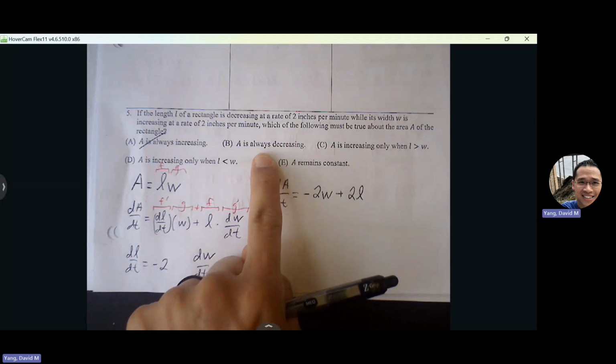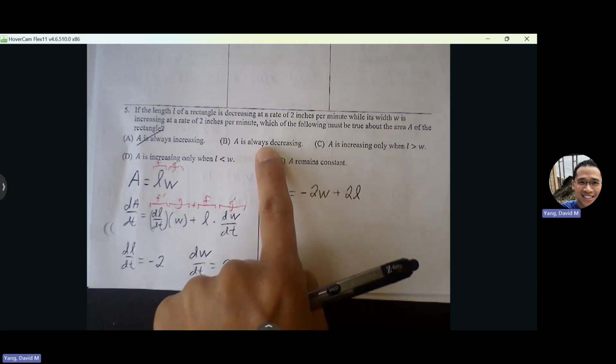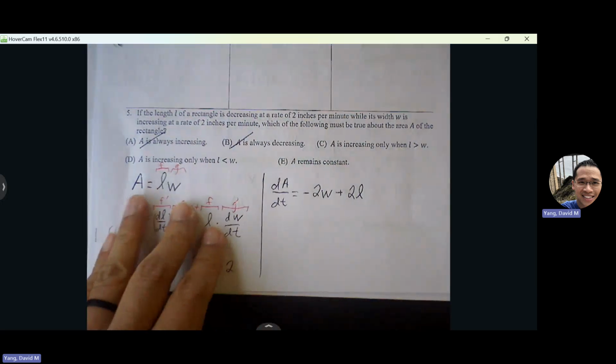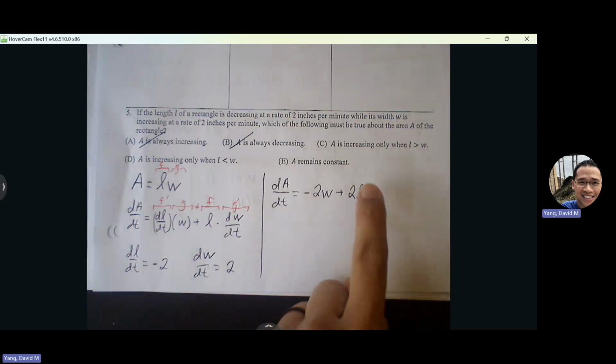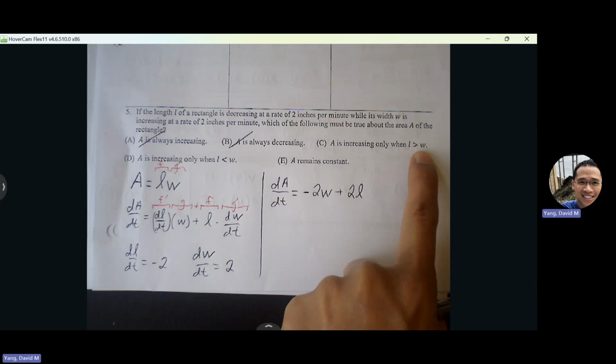A is always decreasing. Well, we can create a scenario where L is greater than W. Then we can make it increasing. So this is not always decreasing. We're trying to find something that is foolproof, that no matter what the scenario is, there'll always be a true statement. A is increasing only when L is greater than W. So are we going to get a positive dA/dt whenever L is greater than W?